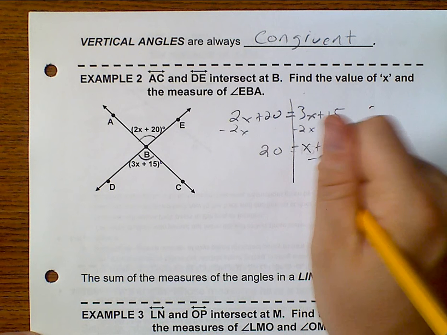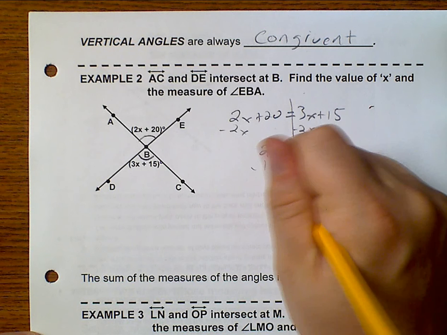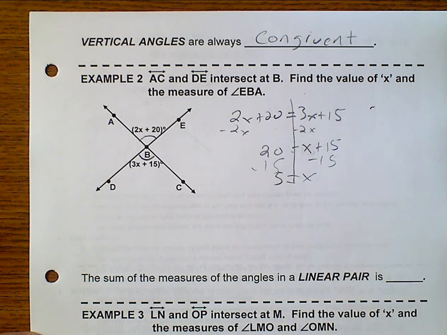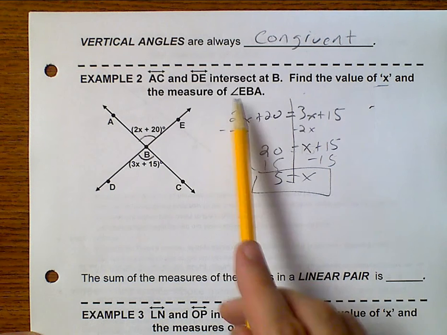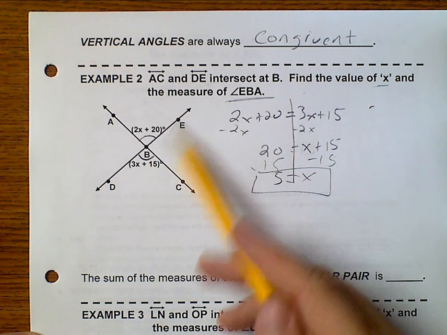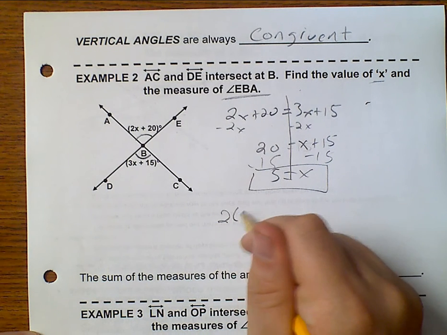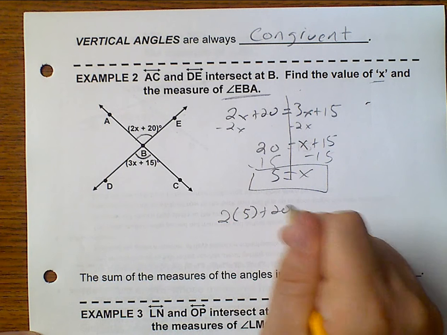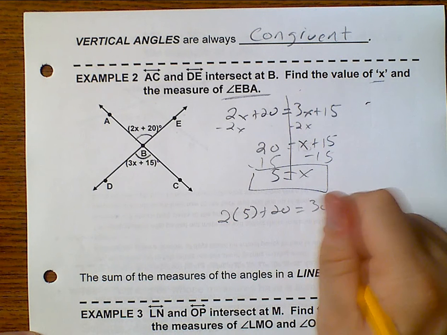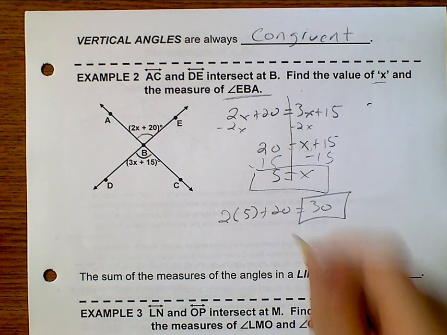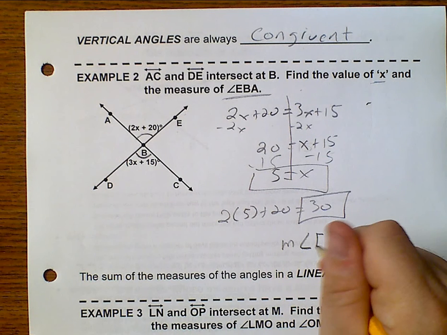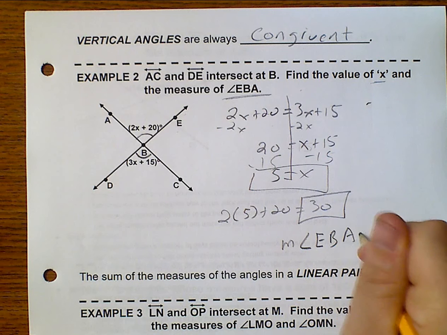Subtract 15, and I get that x equals 5. But be careful, it doesn't just want x, it also wants EBA, which was 2x plus 20. So 2 times 5 plus 20 would be 10 plus 20 is 30. So the measure of angle EBA is 30.